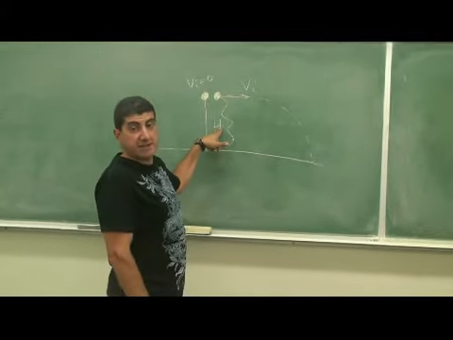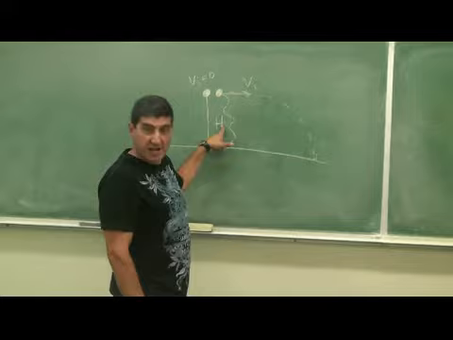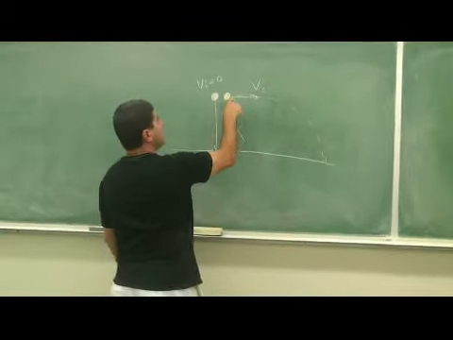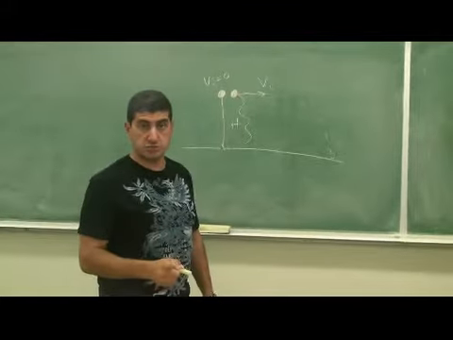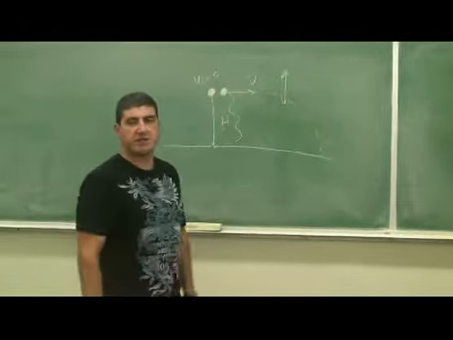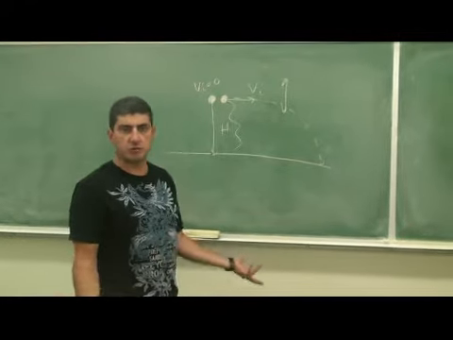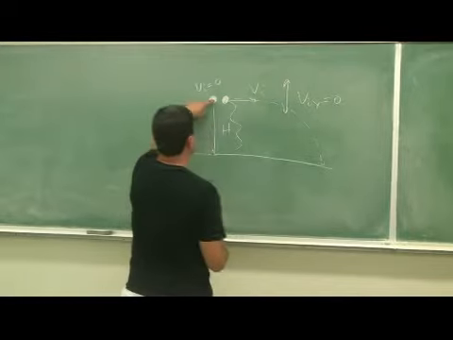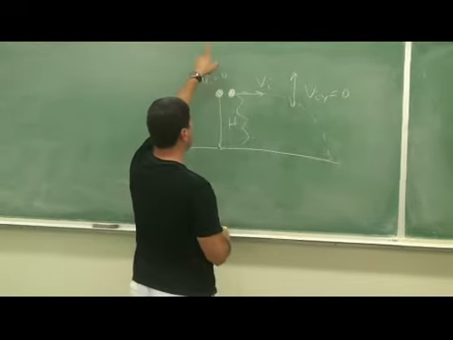But it ends up that they hit the ground at the same time. They should hit the ground at the same time because of the initial velocity in the Y direction. In the Y direction, what's the initial velocity of both balls? 0, right? V initial Y is 0. Neither ball is thrown down or thrown up.